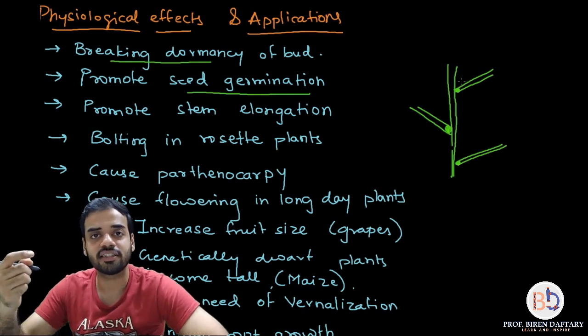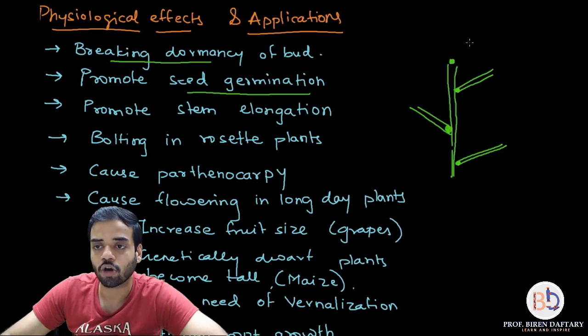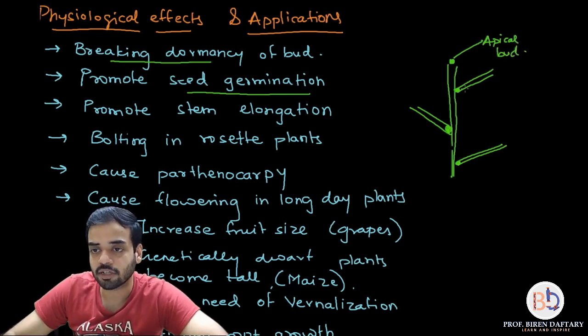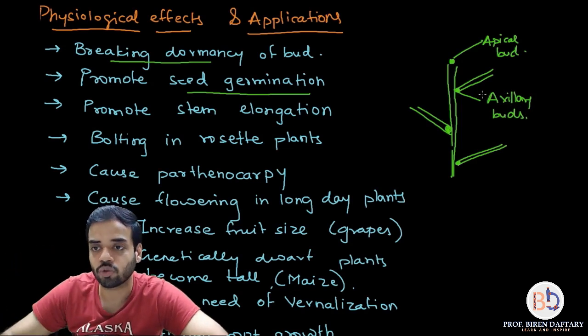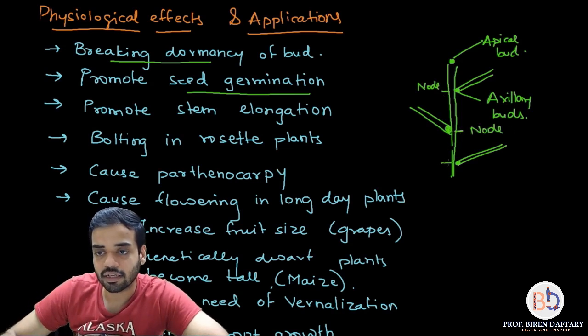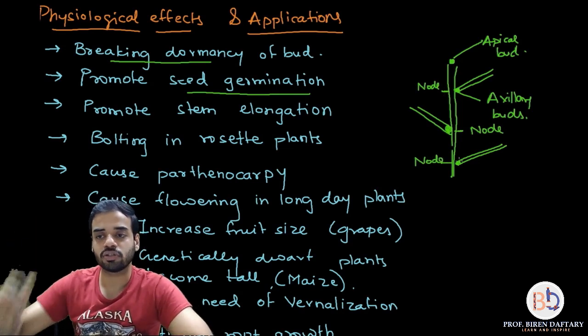So these areas where these buds are present are called nodes. Also remember the bud which is present at the top is called the apical bud. The apical bud is towards the apex or towards the top, and the buds which are present sideways are called axillary buds, or lateral buds. So you have these nodes which are present on the stem.